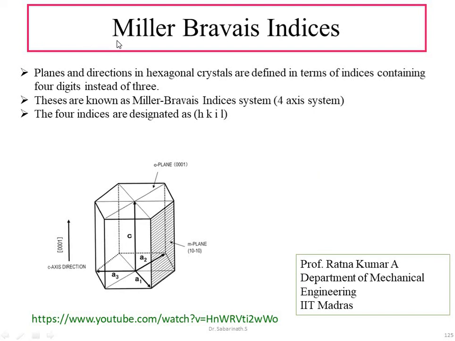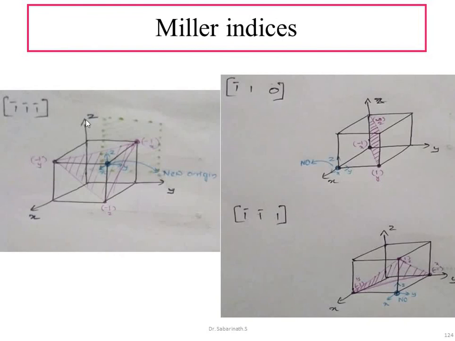So in this video, we will see the Miller-Bravais indices. In the previous classes, we have seen how to draw a particular plane using Miller indices, specifically for the cubic structures.